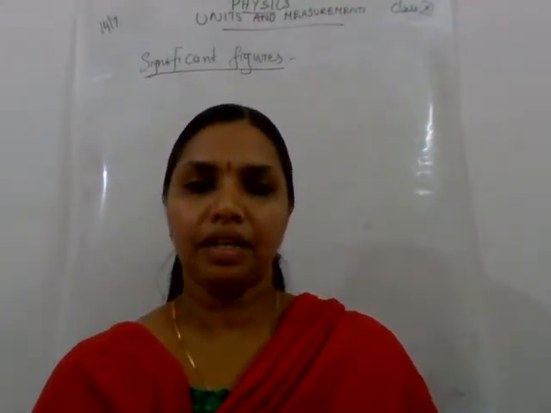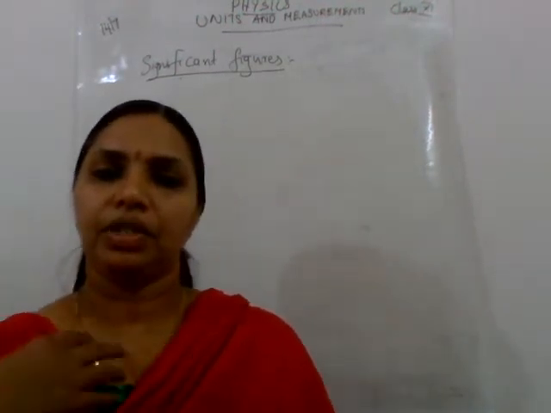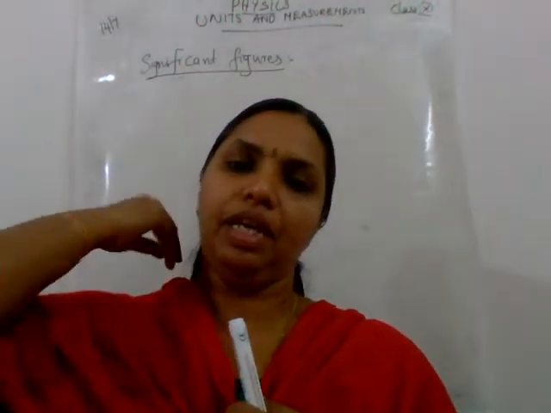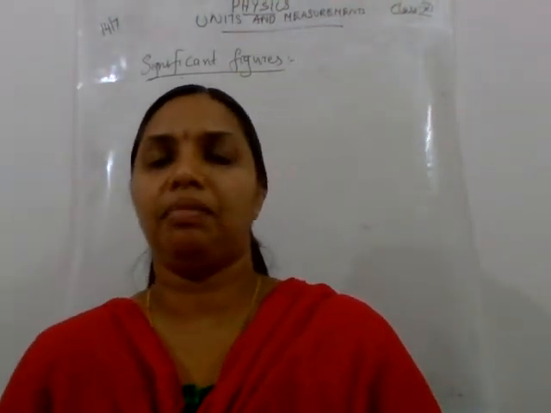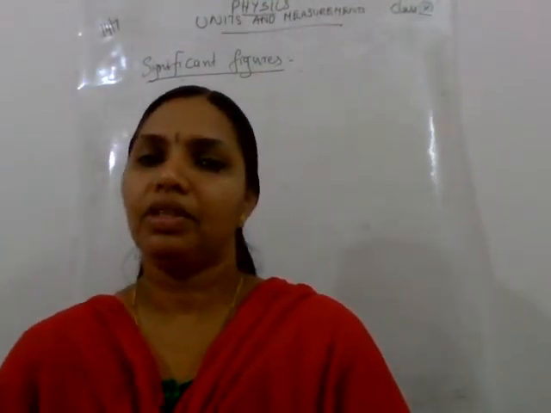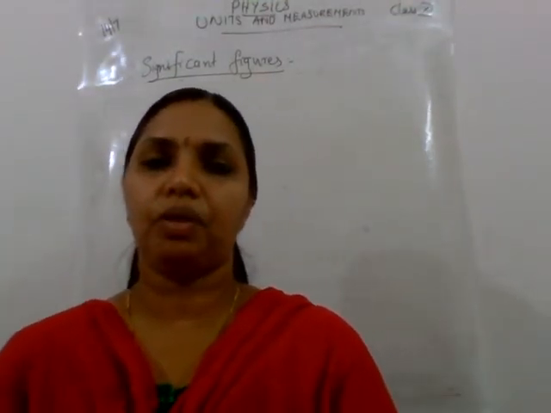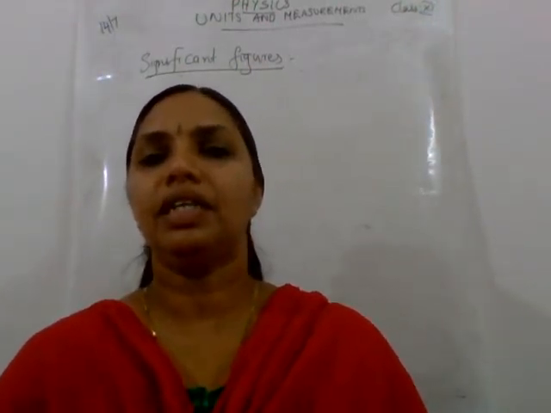So what are significant figures? Suppose you are making a measurement. You are finding out the time period of a simple pendulum, for example. How will you measure the time period? With the help of a stopwatch. We make the oscillations and find out the time period.